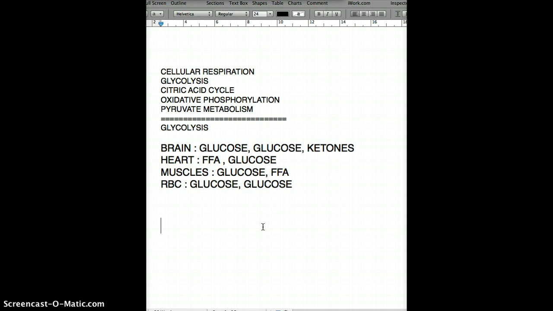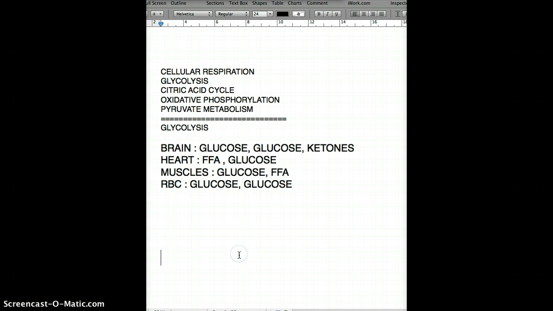What's the source of energy for brain, heart, muscles, and RBC under normal conditions? So for brain, the primary source of energy under normal condition is glucose. For heart, it's not glucose, it's free fatty acid. For muscles, it's glucose. For RBC, it's glucose.